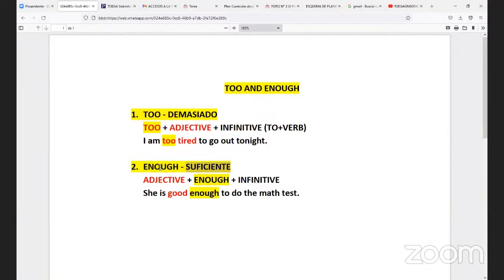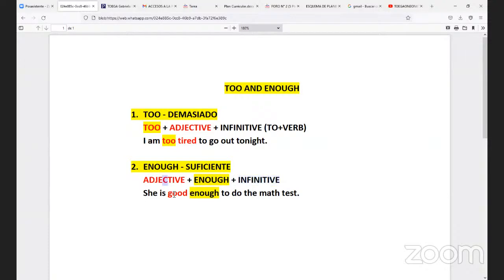So when we use "enough," this is going to be the opposite in structure to "too." With "too," we always use "too" and the adjective with the reason. And with "enough," we use first the adjective, second "enough," and after that the infinitive.